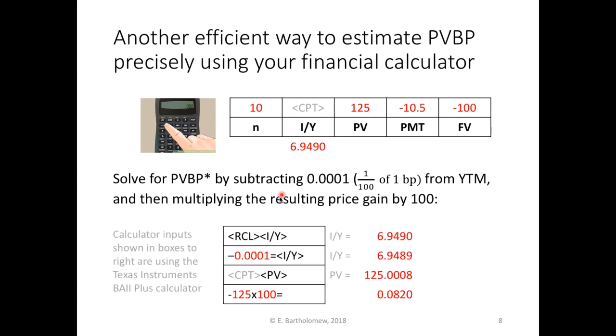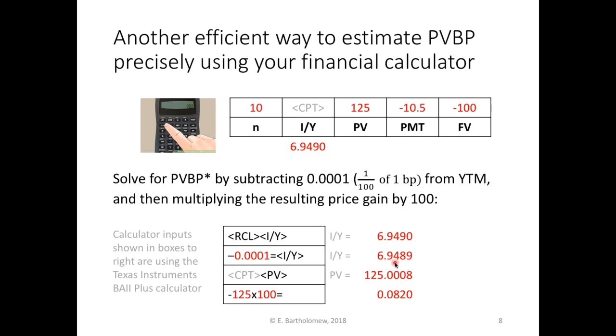So specifically, this is what we would do. We would have calculated this, and then we would reclaim that, because we don't want to lose the precision. We subtract 1 basis point, which means subtracting 0.0001, right? So it's going to be in this decimal place here, and that would give us 6.9489.